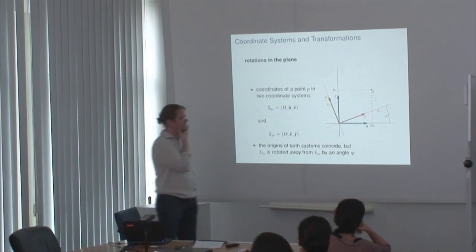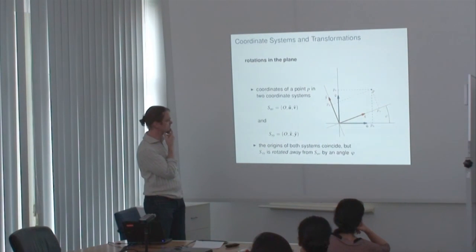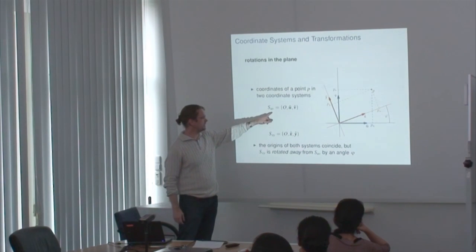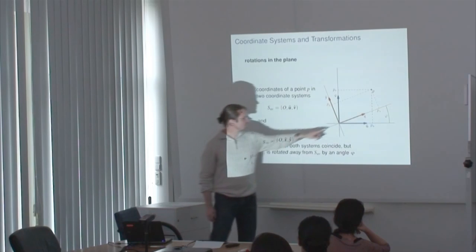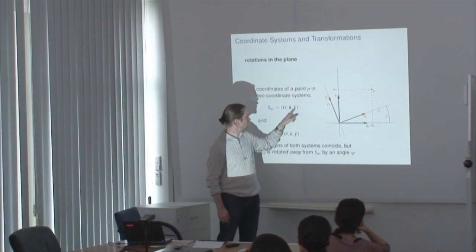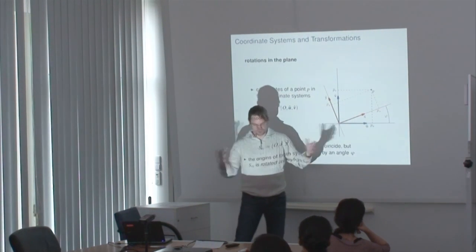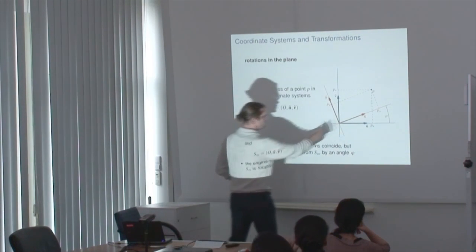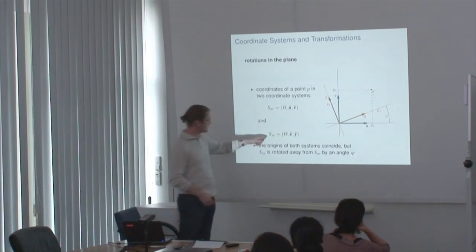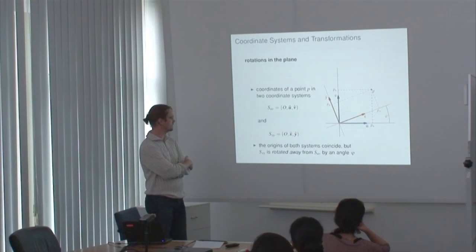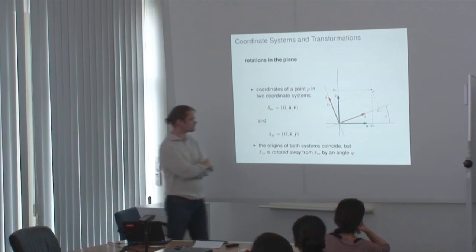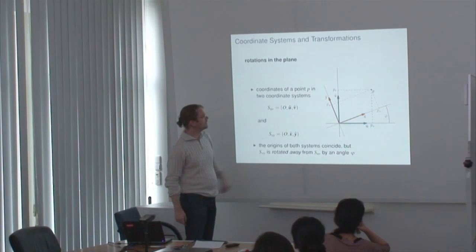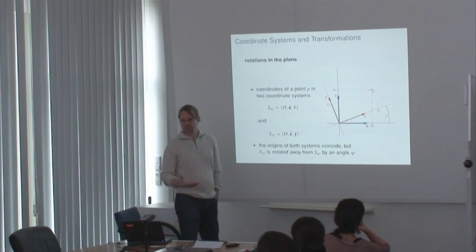Now, in this sketch, we see two systems, and I call them, the first one is S subscript UV, consisting of this origin and then the two axes or unit vectors that span this system, u hat and v hat. And the second one is S subscript xy. The origin is the same, no? And the axes are different. Right?